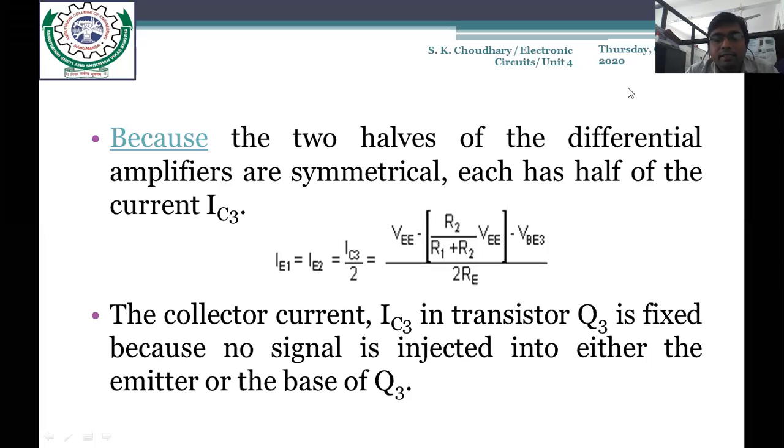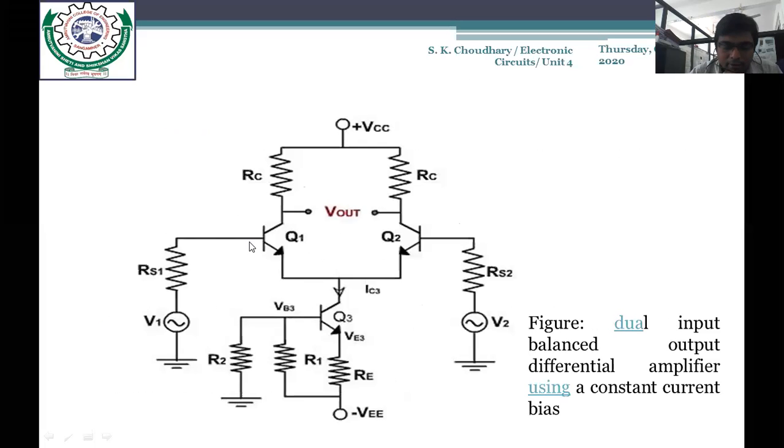So, we are discussing that we are using two transistors that are symmetrical to each other. In this particular diagram, the transistors Q1 and Q2 are symmetrical, and both emitter terminals come here and are joined here. That is the collector terminal of Q3.